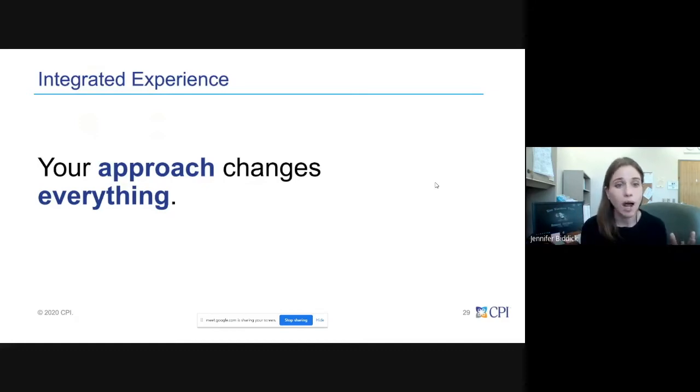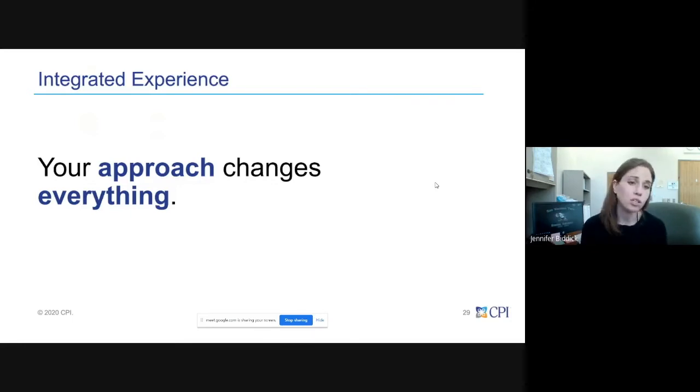So a lot of us are probably still experiencing a lot of anxiety or frustration over things still not being back to normal. And that could cause some of our approaches to things in the workplace to be less than optimal. So it's so important that every morning when we come to work that we remember that our approach changes everything.